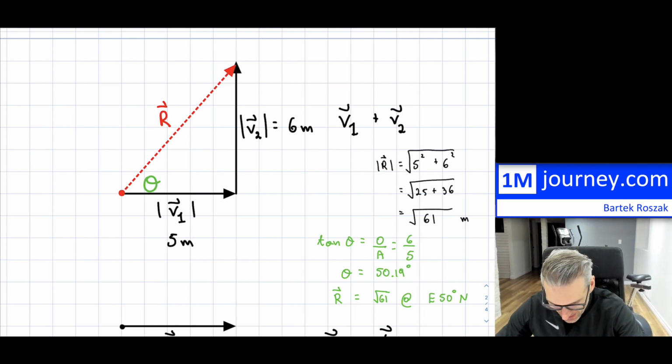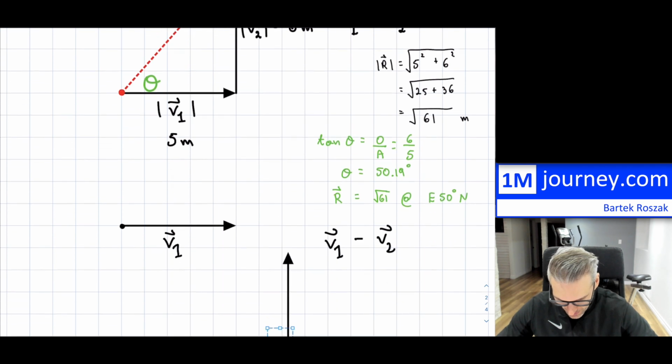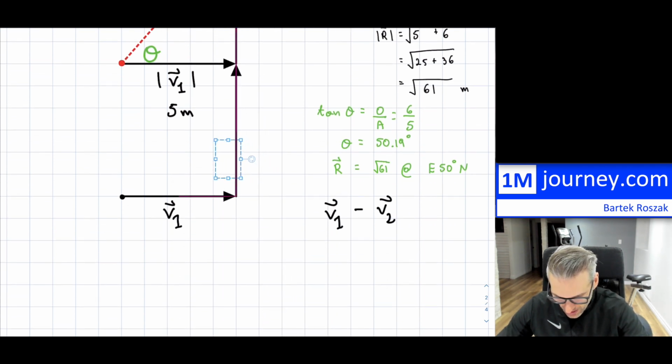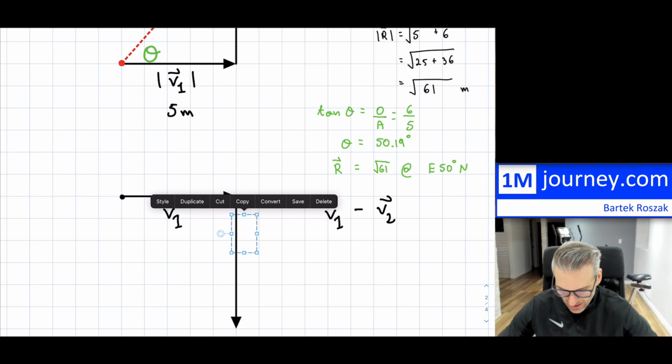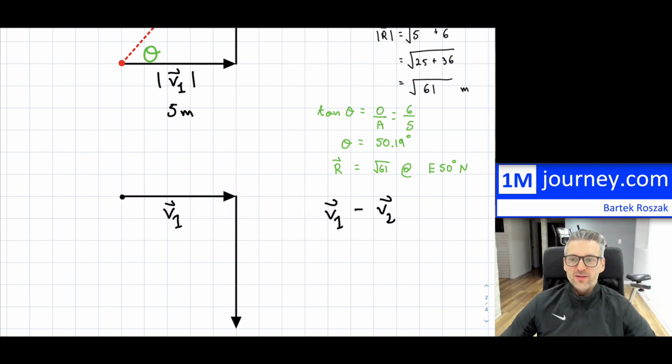So this vector that I have right here, if I duplicate it, bring it back, instead of going in this direction, it does the opposite. So it does a 180 degrees, and it would head in that direction.